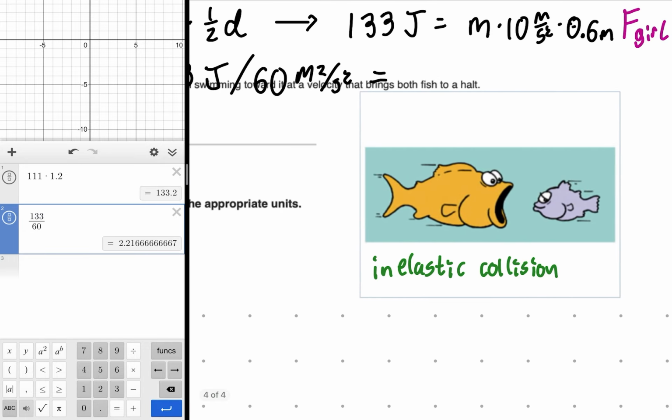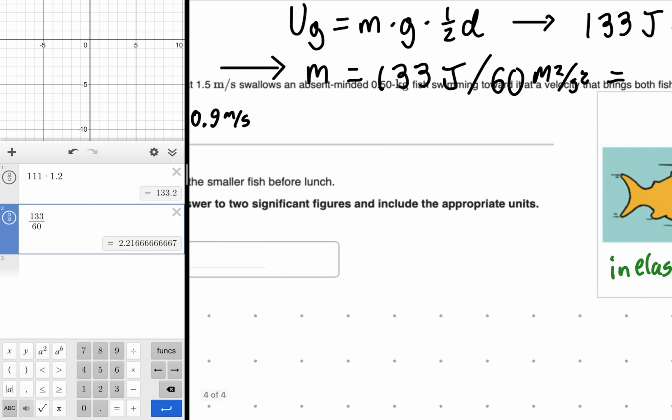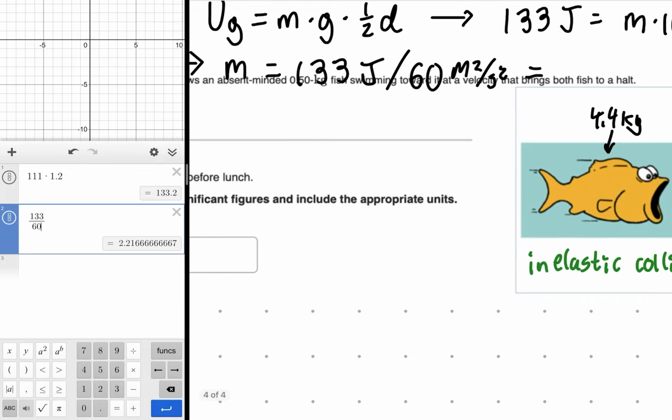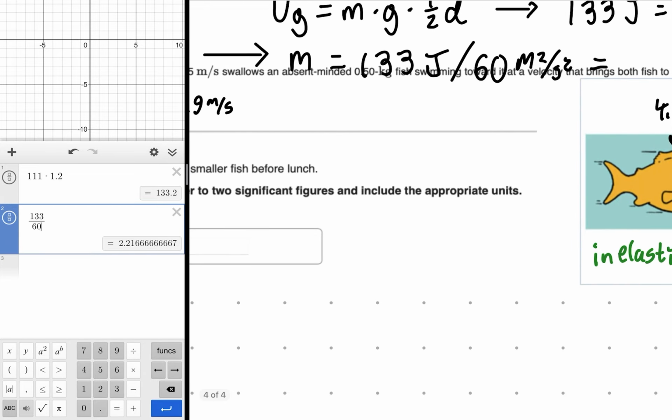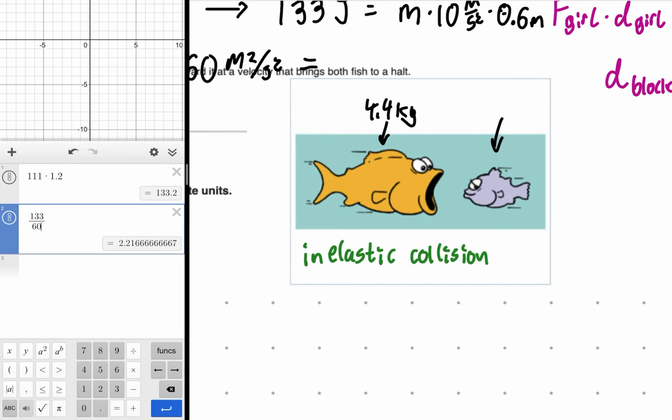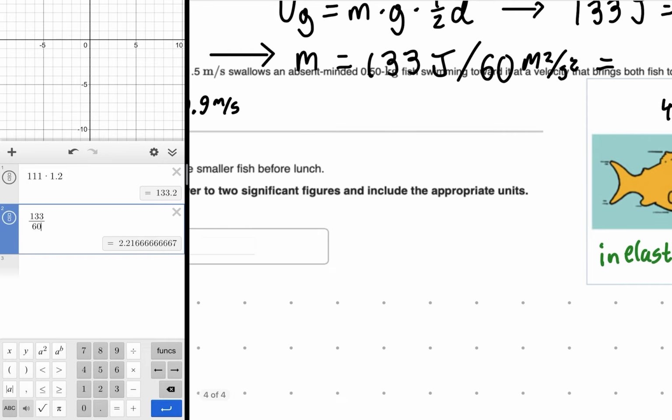So it makes sense that our big one here is the one with the 4.4, okay? And then the smaller one in the original problem was 0.5 kilograms. Let's go ahead and make this one even smaller. We'll make it 0.21 kilograms. Okay, and so there are our relevant values. You see we have 3 of them.